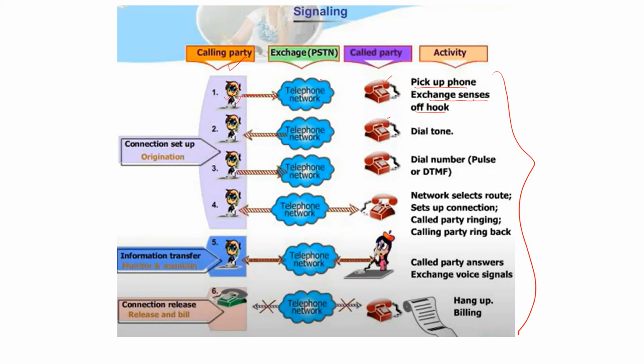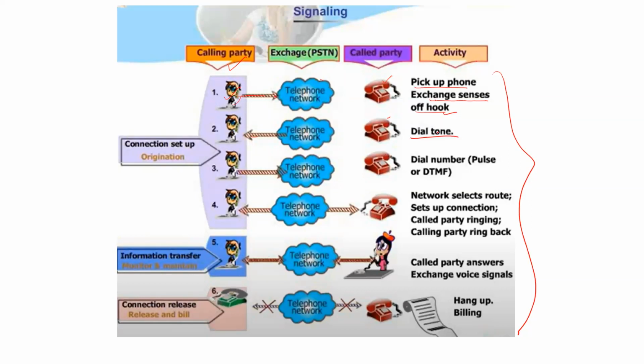Now the next step is the telephone network will allow this person to dial. So this person will listen to the dial tone. Remember, when we lift up the headset and hold it to our ear, we can hear the dial tone.